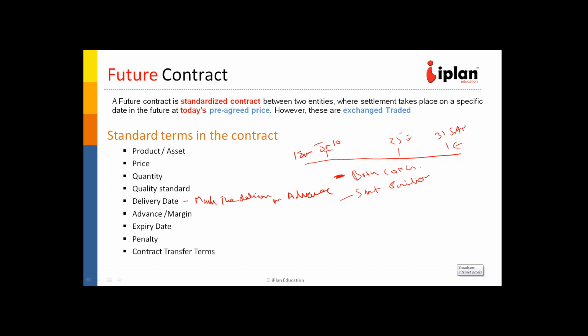Okay. So that is actually given in your contract specification, when to mark the delivery. Okay.